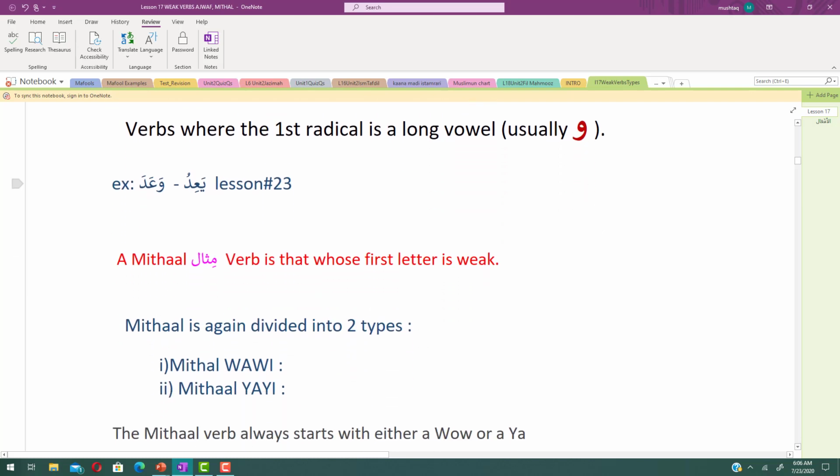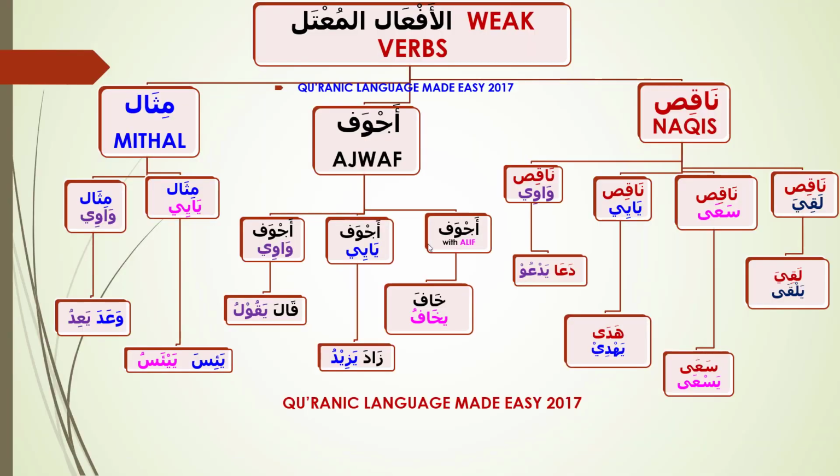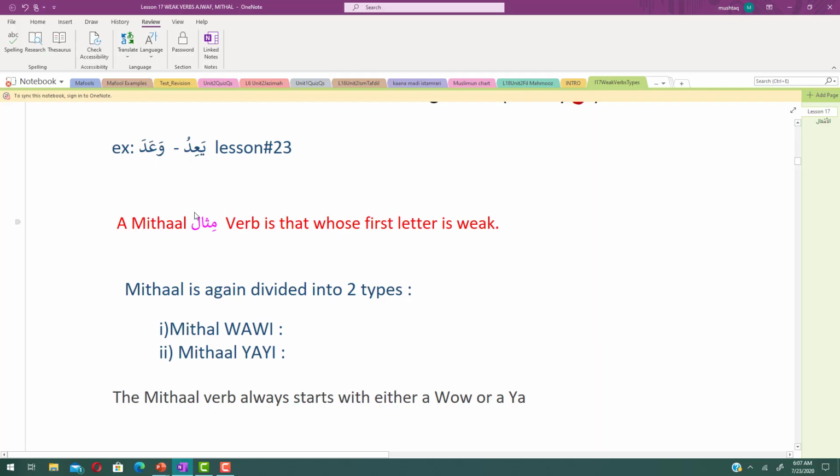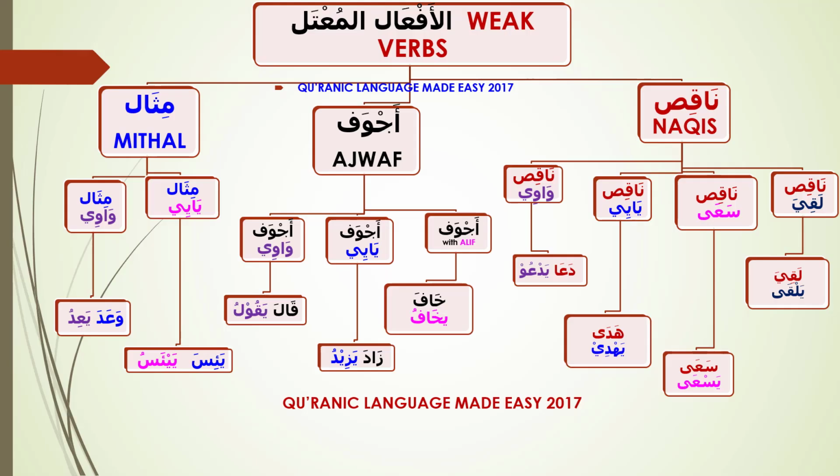Mithal is a verb in which the first letter is a weak letter. And mithal is again divided into 2 types, mithal wawi and mithal yai. Mithal wawi is when the first letter is a waw, like wa'ada ya'idu.